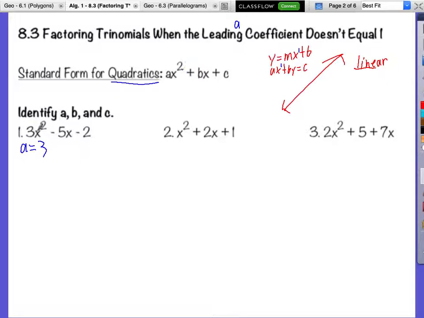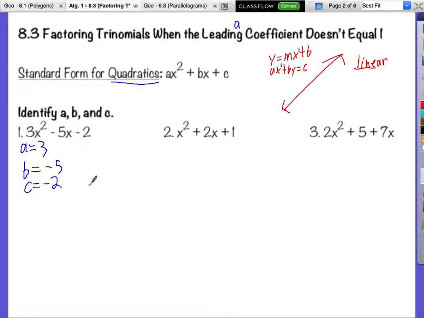Well, here, 3 is being multiplied with x squared. What would our b be? 5. What kind of 5? Negative 5. Be careful here, because here is a positive, and here it's negative. So that means it's really a negative 5. And what would our c be then? Negative 2. Okay, our c would really be negative 2 there.